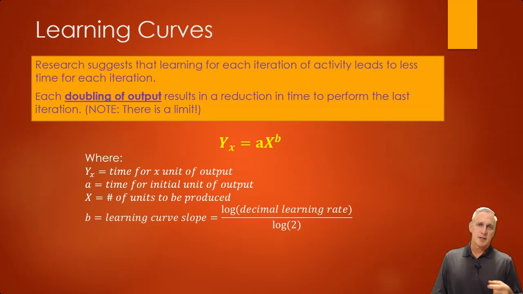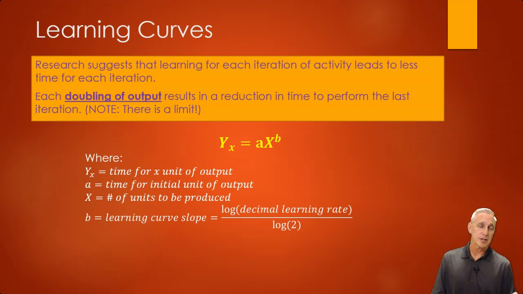Then we have the exponent b, which is what we call the learning curve slope. The learning curve slope simply is calculated as the log of the decimal version of our learning rate divided by the log of 2, which is really just a constant number. So the learning rate can be anything like 70%, 90%, 85%, 65%.